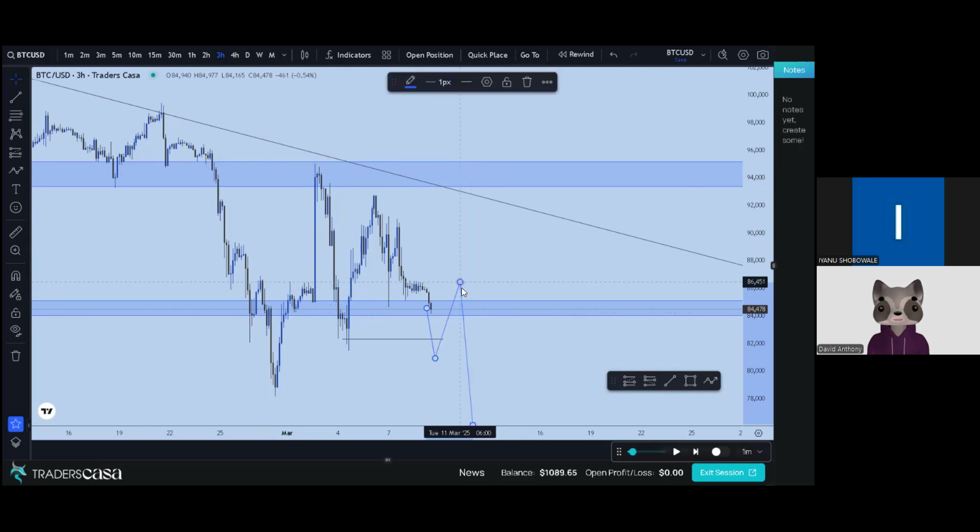So we're looking at two things now. Either the price goes down here, tests and comes down, or price comes down, goes up, and touches this trend line.